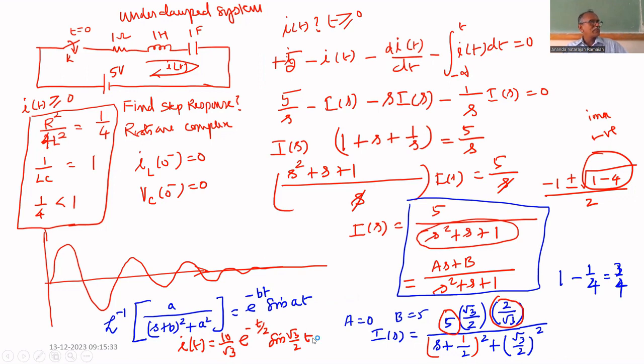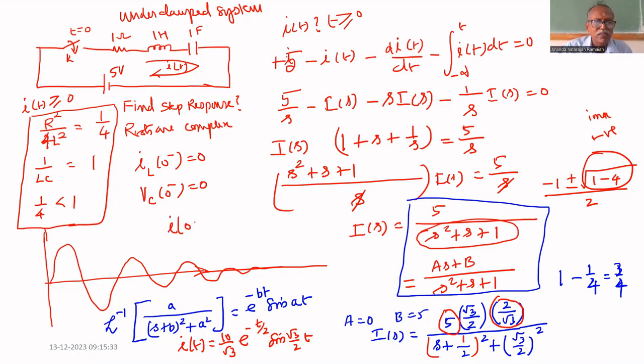So from this we can understand that it is a sinusoidal signal. Sin 0 is 0. When t equal to 0, initial value is 0 because of this; e power minus t by 2 is 1. Therefore, I of 0 equal to 0.